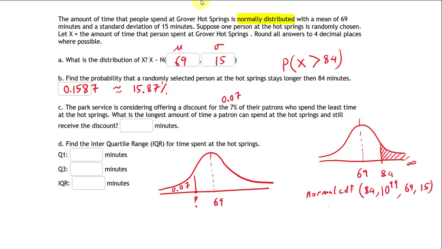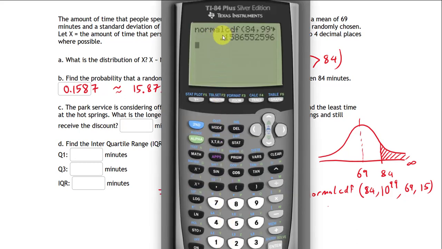Okay, in minutes. All right, so in this case, we are given the area and we want to find the time, or the x value. So again, we can always use the graphing calculator.